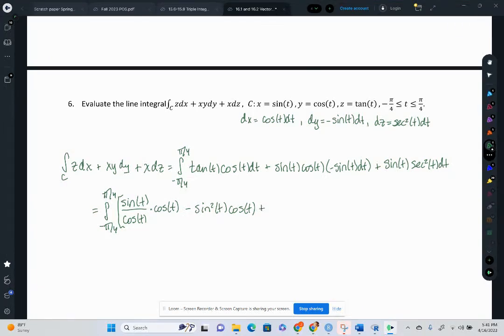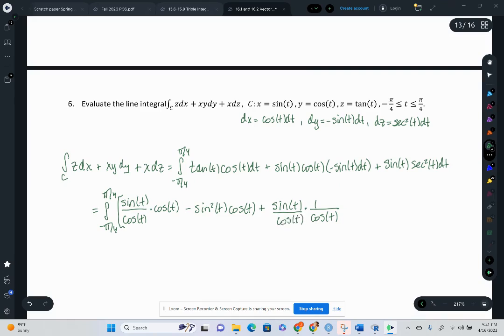Plus sine times secant squared. Well, secant squared is 1 over cosine squared. I'm going to write that slightly different. I'm going to write this as sine times 1 over cosine of t, but I actually have 1 over cosine squared. I'm going to put the other cosine under the sine. So I still have cosine squared. I just kind of broke it up a little bit for convenience sake.